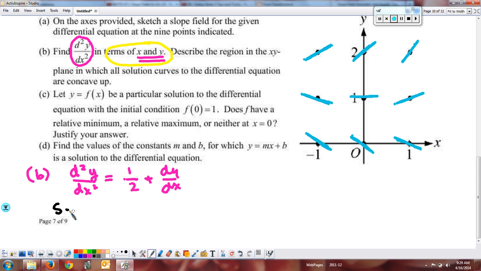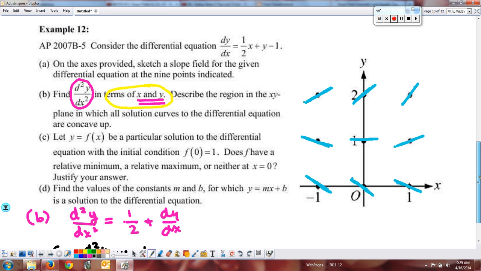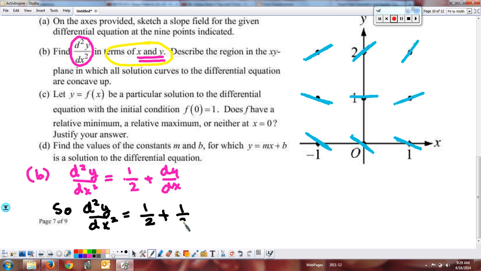So our final answer to part B would be the second derivative with respect to x is going to be 1/2 plus, substitute back in your dy/dx, 1/2 x plus y minus 1. Now my second derivative is in terms of x and y, and you could simplify if you want to, but you can really just leave it there because this is the AP, and this would be my second derivative.